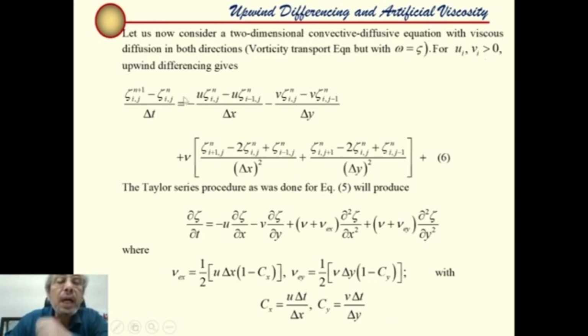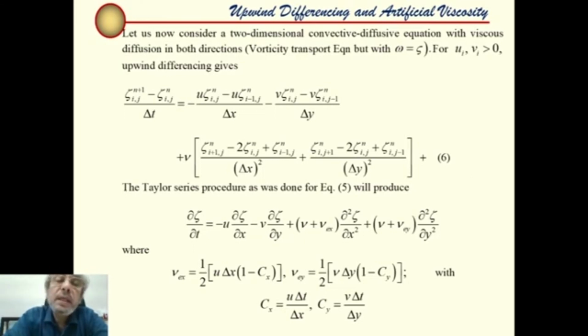So if we do that, the equation is del zeta del t plus u del zeta del x plus v del zeta del y equal to nu times del 2 zeta del x2 plus del 2 zeta del y2.